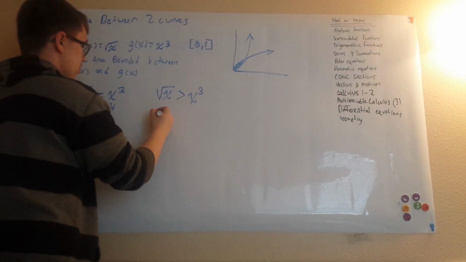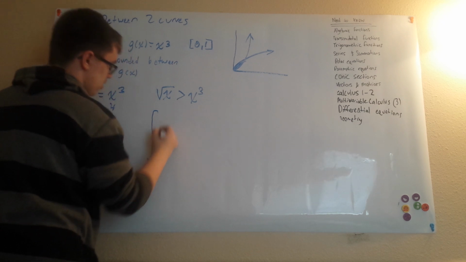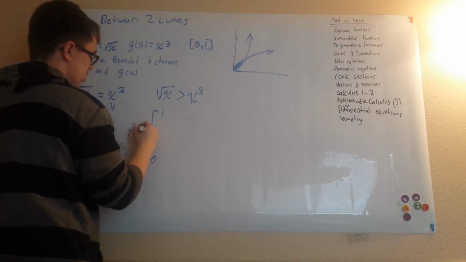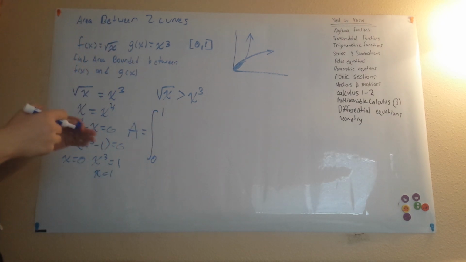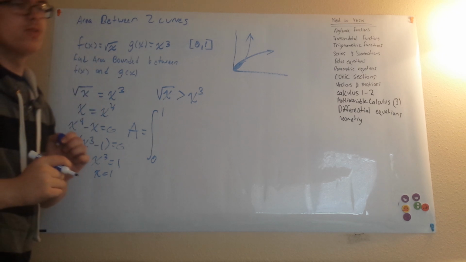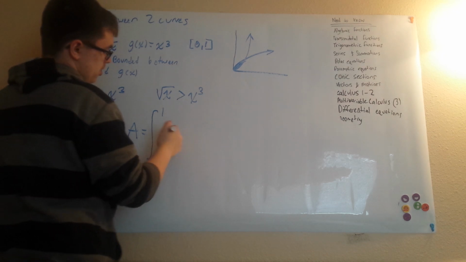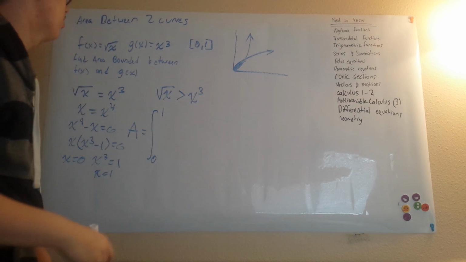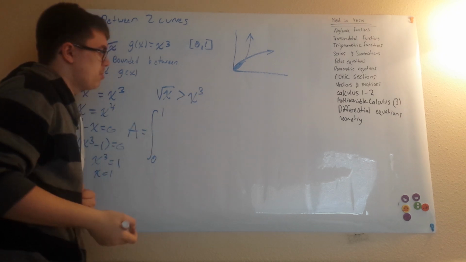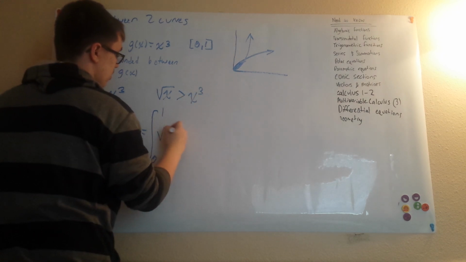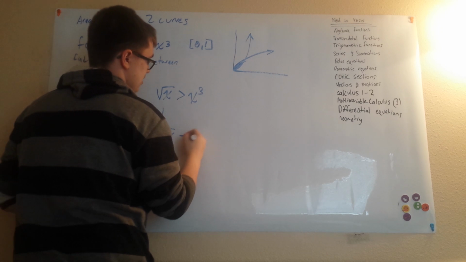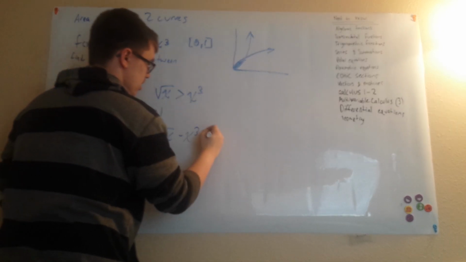So now we know the area bounded by these two curves is equal to the integral from 0 to 1 of not x cubed minus the square root of x, but the square root of x minus x to the third dx.